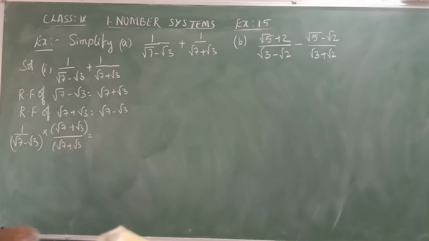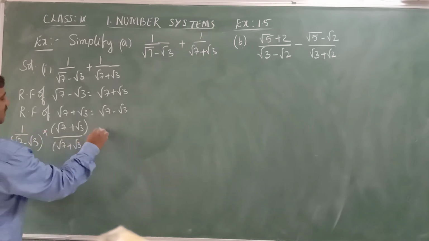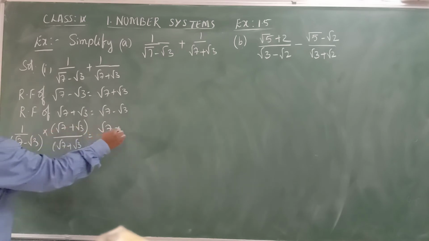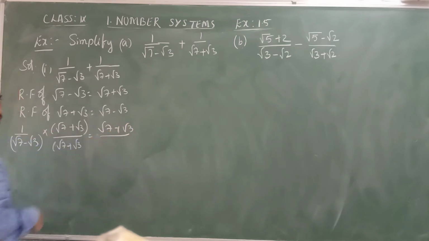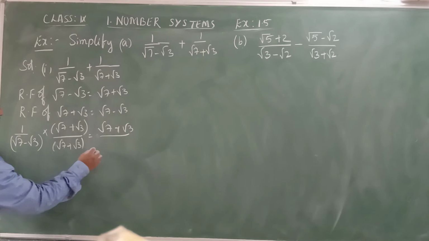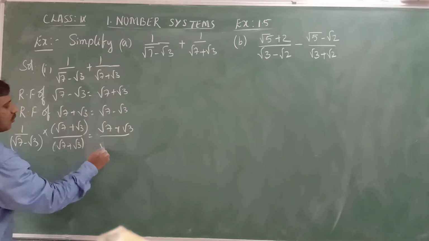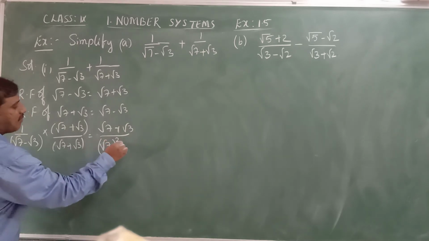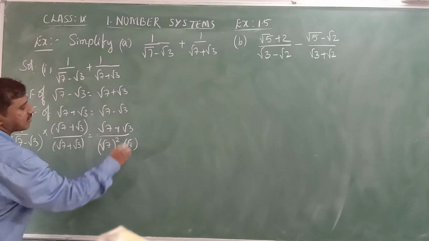That is 1 into root 7, root 7, plus 1 into root 3, root 3, so root 7 plus root 3 divided by, in the denominator, (a minus b) into (a plus b), a square minus b square, that is root 7 whole square minus root 3 whole square.